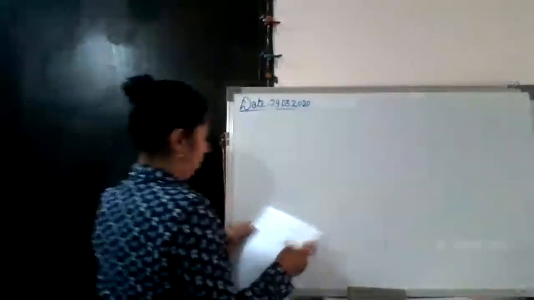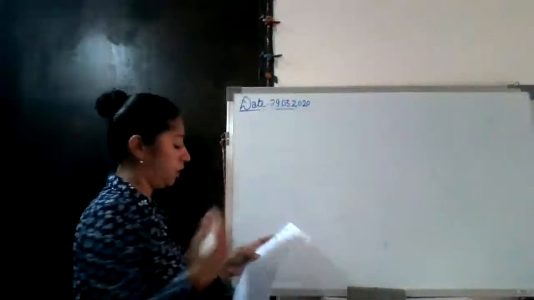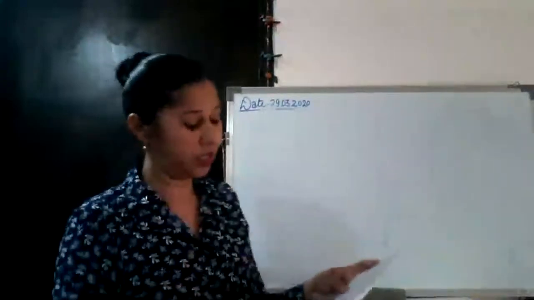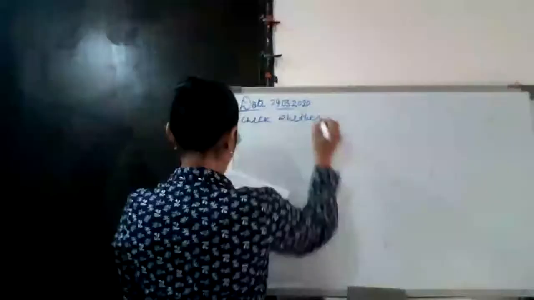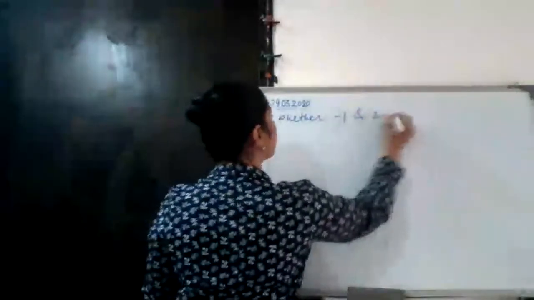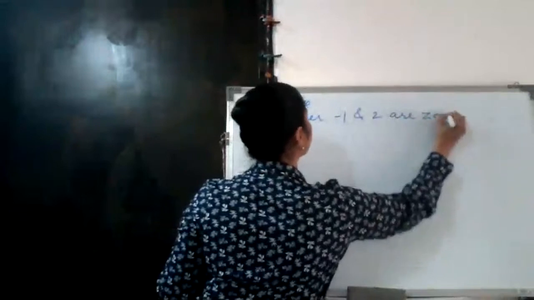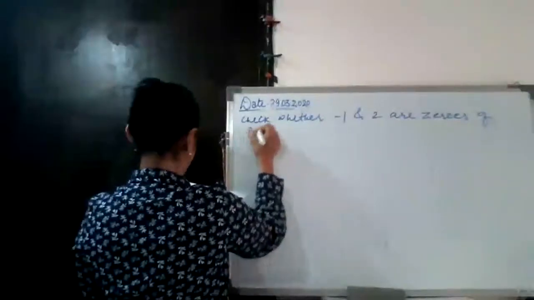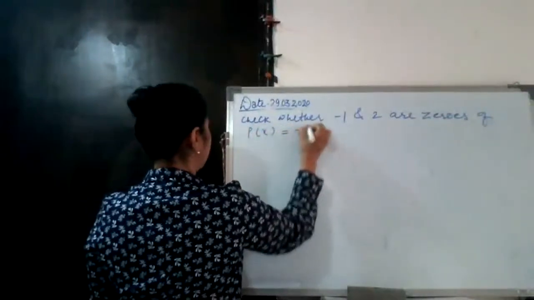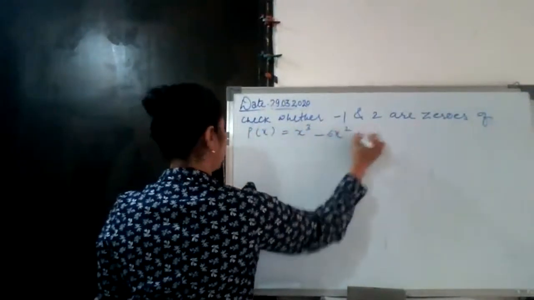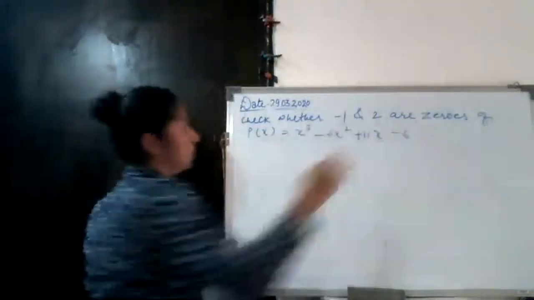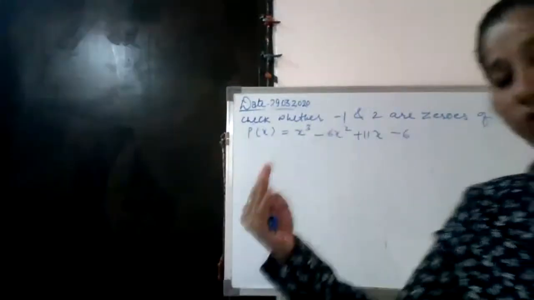Okay. Please follow. Copy down the question. If you do not copy, just understand how it is done. Okay, so come on. Here also, the same way using remainder and factor theorem.